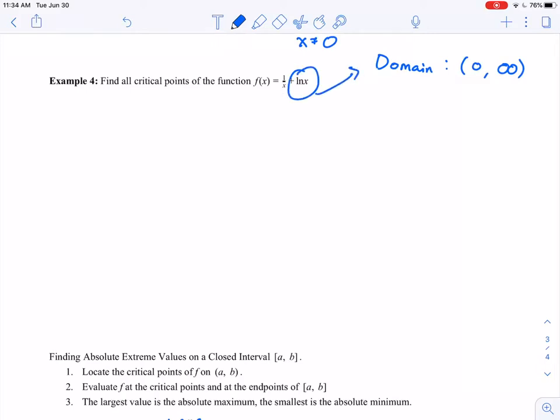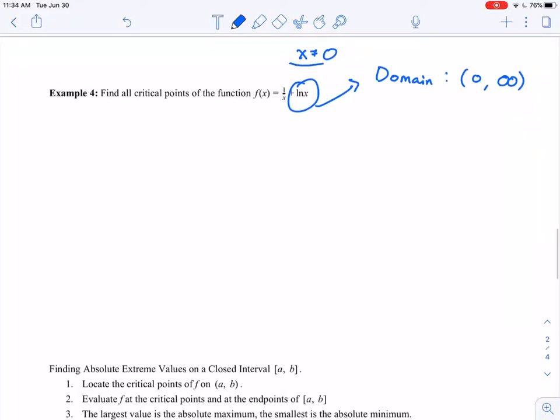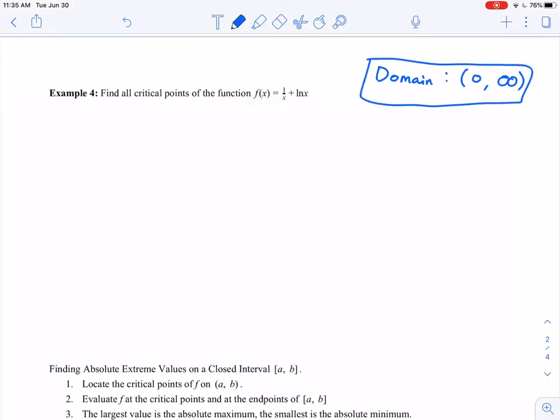We said the other problem with our domain is that x cannot equal 0. And 0 is not included in this set already, which means that rule is already built in. We don't need to worry about that rule. So the domain of our function is 0 to +infinity. We're going to keep that in mind towards the end of our problem.